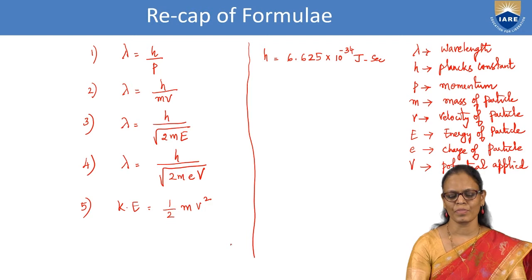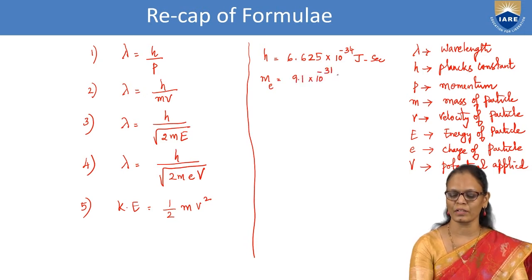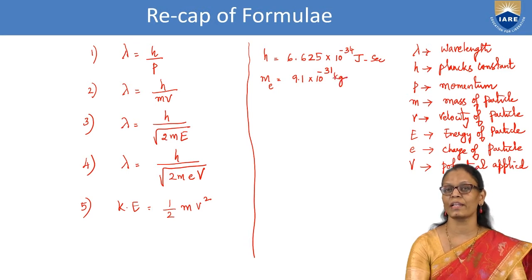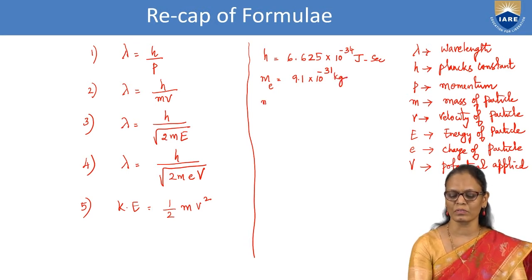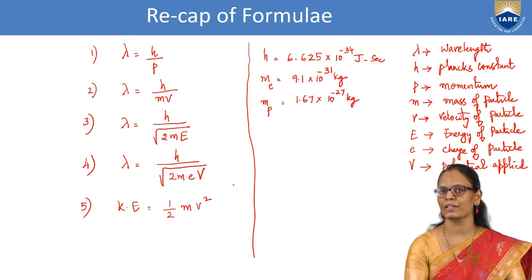The mass of the electron is 9.1 into 10 power minus 31 kilogram. The mass of the proton is 1.67 into 10 to the power of minus 27 kilograms.